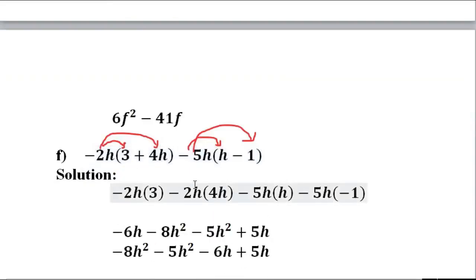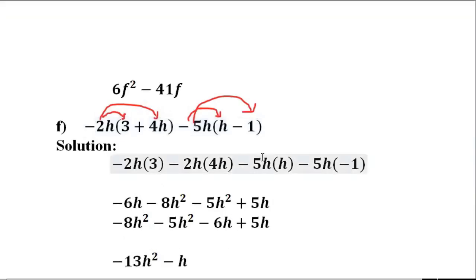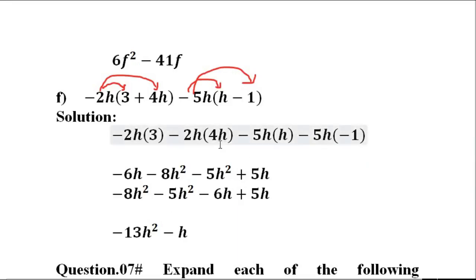Moving on to number 6, we have negative 2h in parentheses positive 3, positive 4h, negative 5h, and then in parentheses positive h, negative 1. To simplify the given algebraic expression, I'll distribute the negative 2h to the positive 3 and then to the positive 4h.